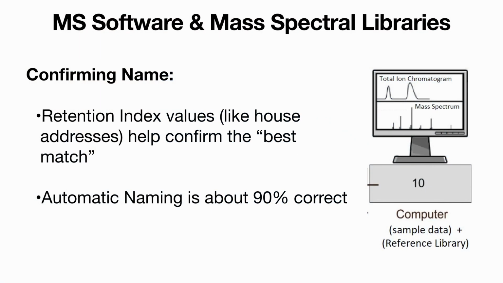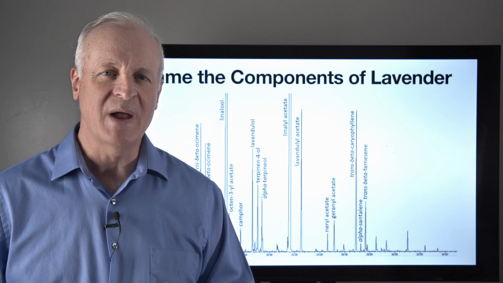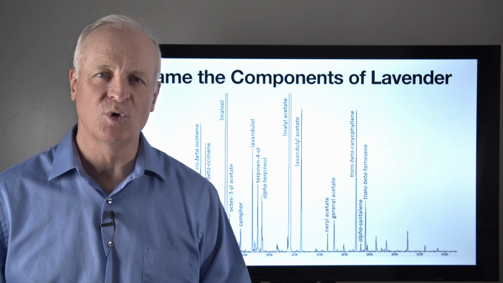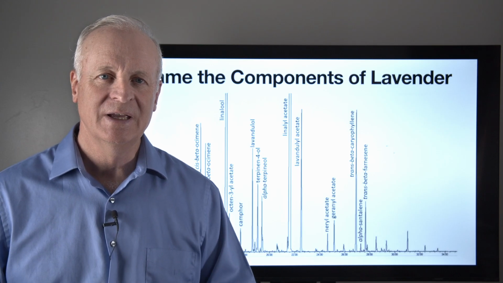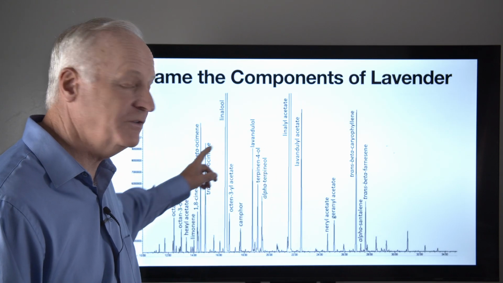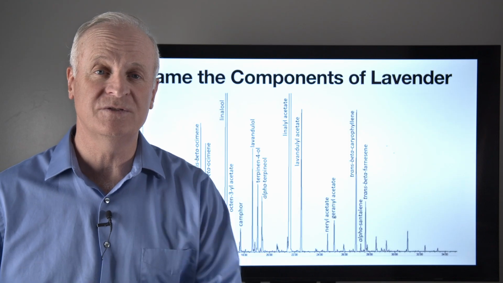For the automated GCMS instrument, the mass spectrometer is 90 to 95% accurate in naming molecules. The rest of the inaccuracy requires me, as the trained analytical chemist, to be able to determine. Now, again, the job of the mass spectrometer, the MS portion of GCMS, is to provide names for the separated components from the GC.